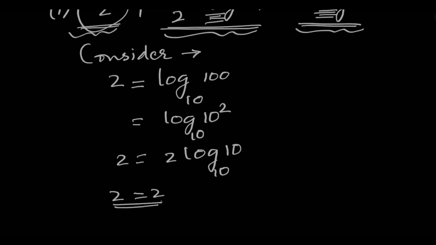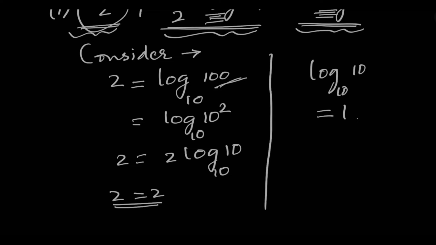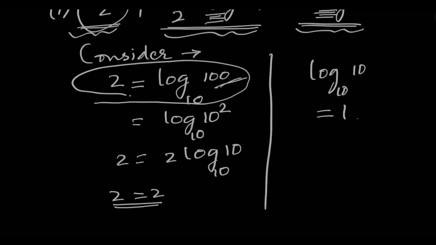How do I understand that I should write it in this form? It comes by practice. Log 10 to the base 10 is equal to 1. Now 2 can be written in logarithmic form.